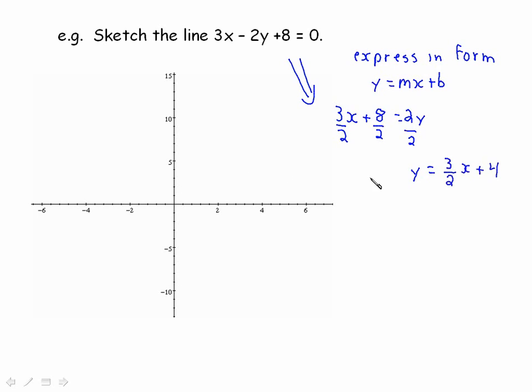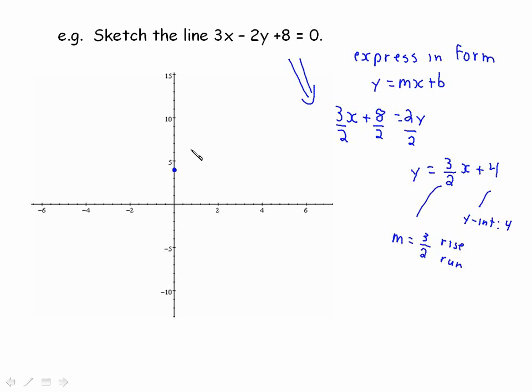Now I'm not going to be able to do a great job of drawing this one, but not a big deal. The y-intercept is 4. So on the graph right there. And then the slope, m, is equal to 3 over 2. So 3 over 2 means that there's a rise of 3 and a run of 2.